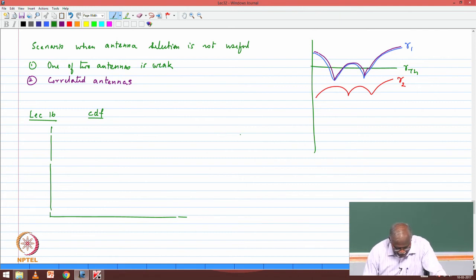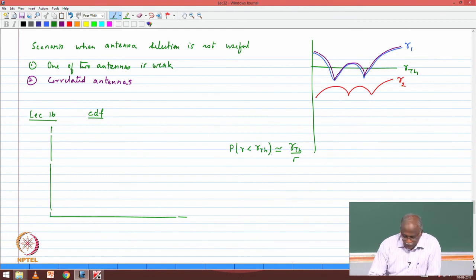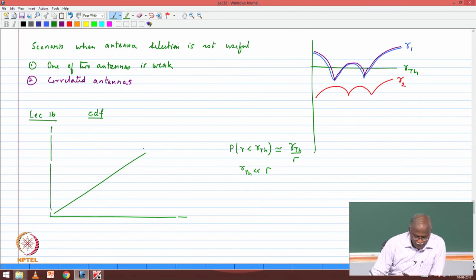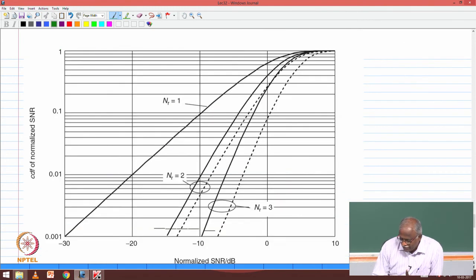Basically, the probability that gamma is less than a gamma threshold, which we have just shown to be equal to gamma threshold by gamma, is small when gamma threshold is much less than gamma. What we find is that the CDF is more or less linear when you plot it on a log scale, and then eventually it will saturate. So please do look at that graph for reference.